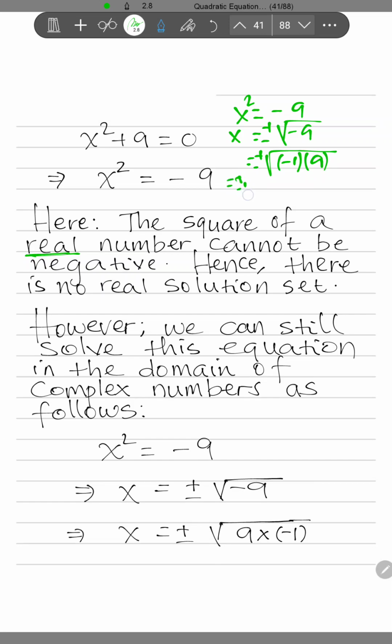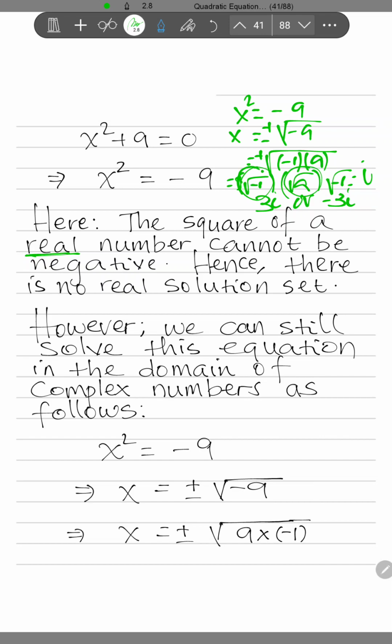Which is equal to plus or minus square root of minus 1 and square root of 9. Square root of 9 is 3. A square root of minus 1 is i or iota. So it is 3i or minus 3i. We can say that. Doesn't matter.